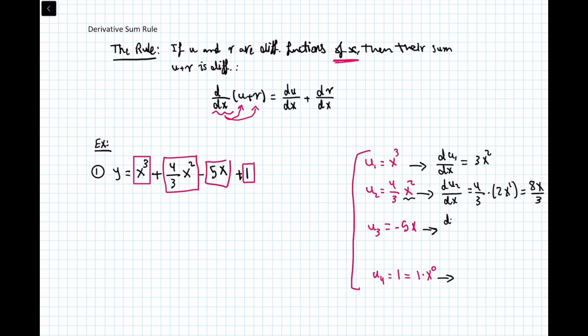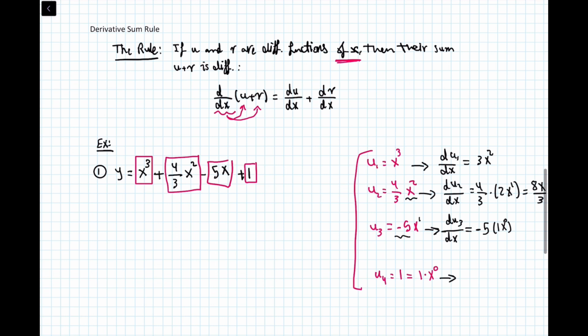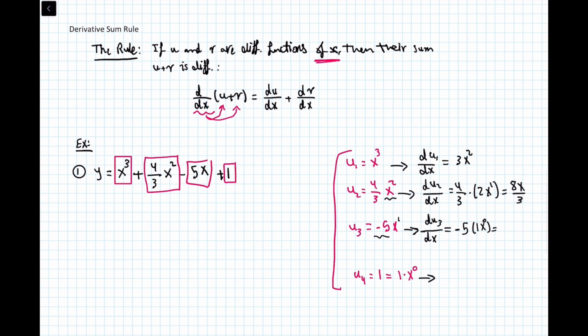And then the derivative of u3 with respect to x: the constant is -5, so it's -5 times the derivative of x, which is of course just 1, because we subtract 1 from the power, which is already 1, so it's 0, and anything raised to the power of 0 is 1. So the short answer is just -5.